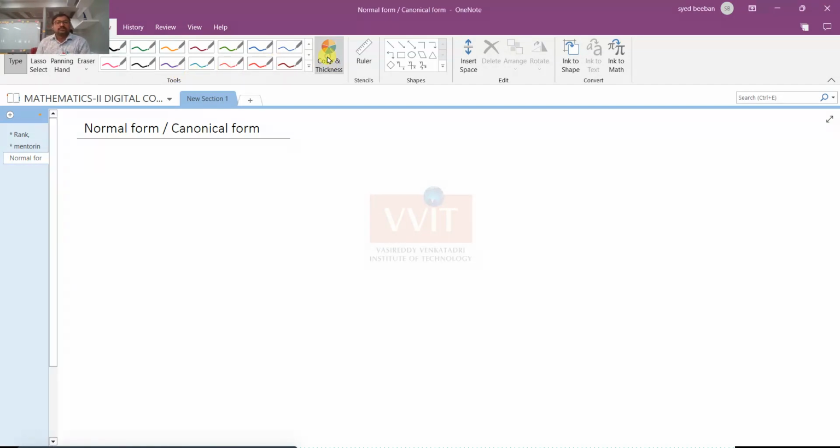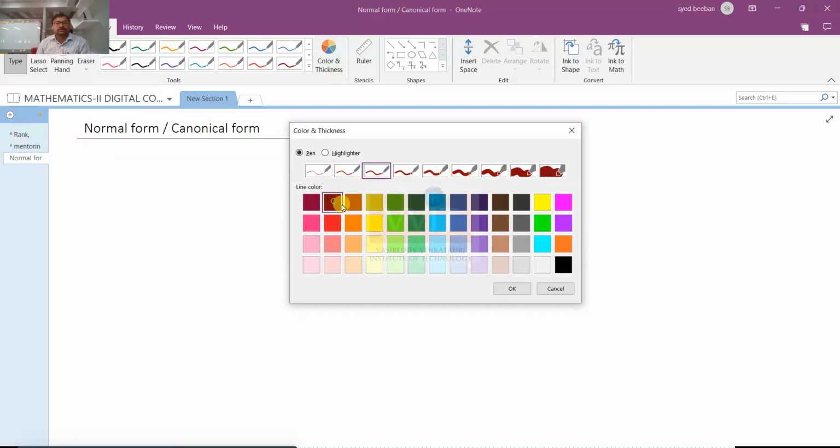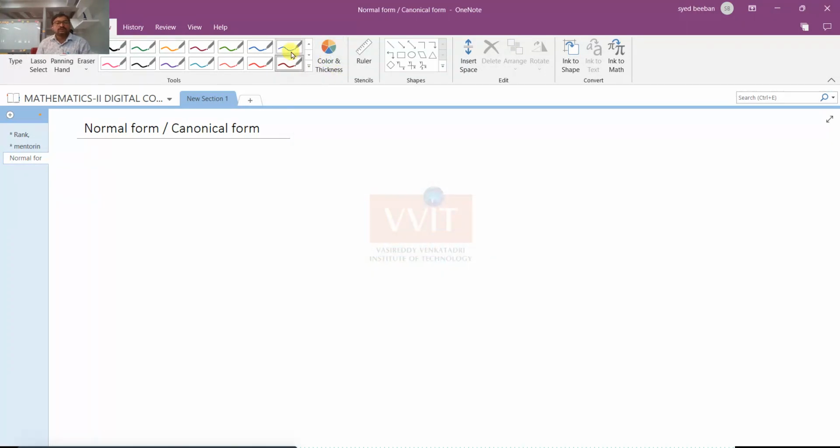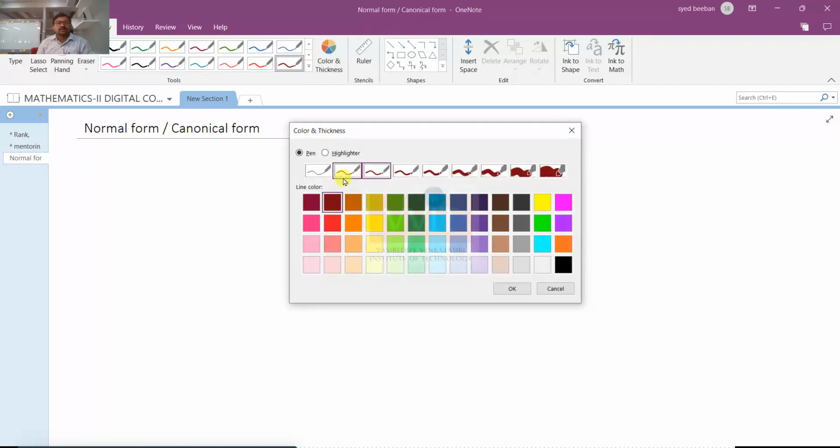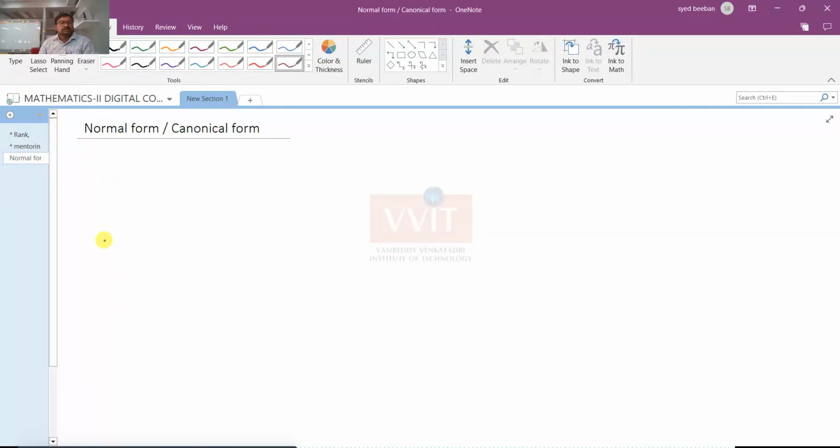Normal form is also used to compute rank only. What's the major difference between echelon form and normal form? Both are similar, but in the normal form we use both row operations and column operations simultaneously.